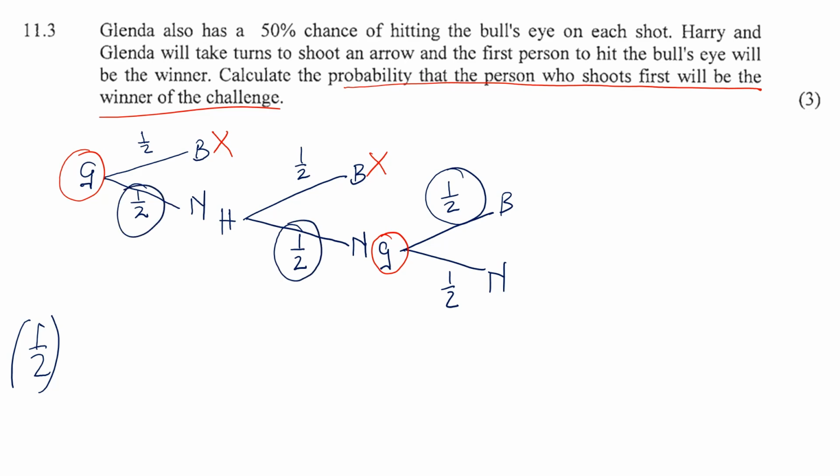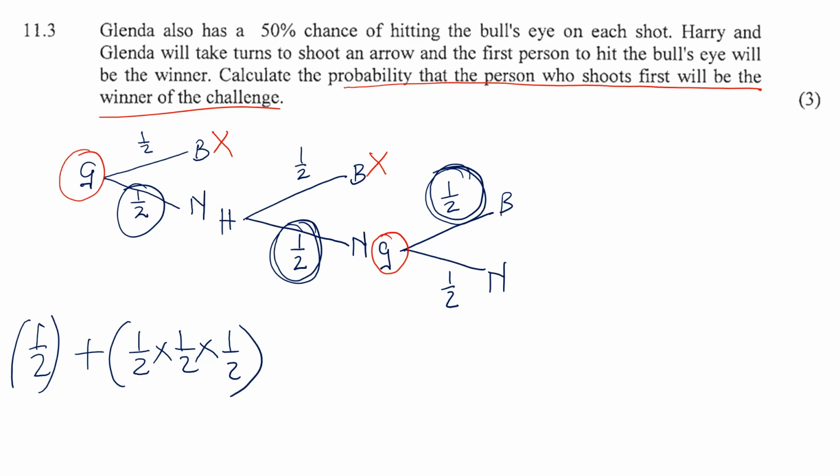Glenda at first had missed, which is 1/2, and Harry had missed, which is 1/2. In this case, the probability that she wins will be 1/2 times 1/2 times 1/2. That's another possibility. Because we are interested in the person who was called first, we ask what's the chance that they will hit.